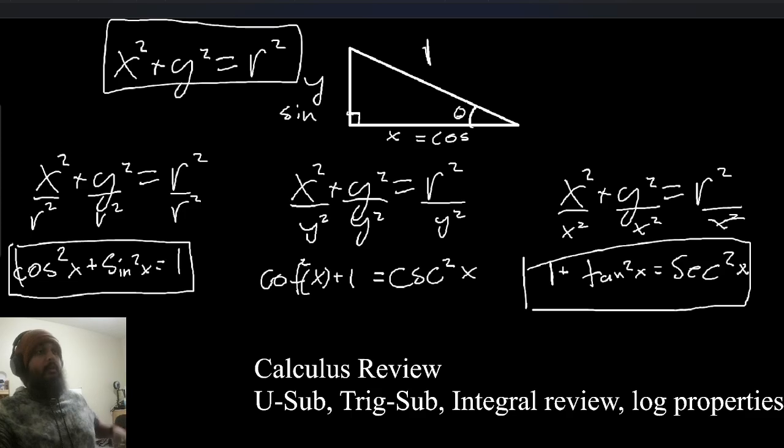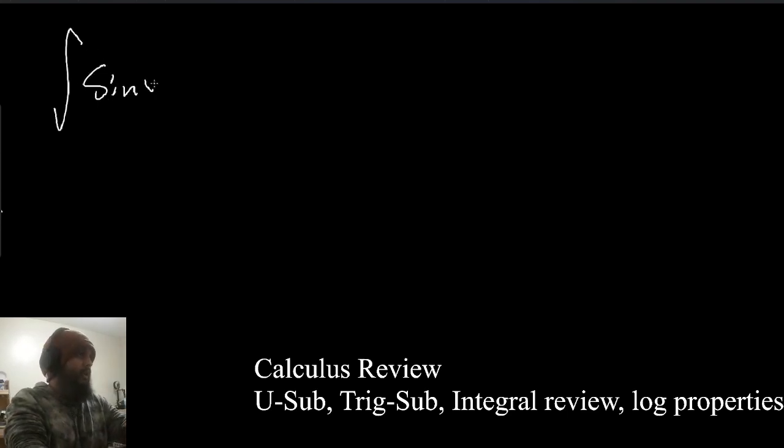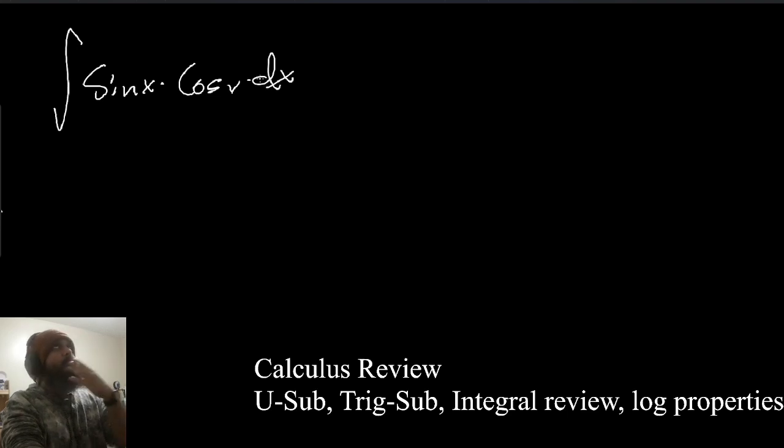Now I'm going to use one that puts some emphasis on plus c. So the integral of sine x times cosine of x dx. There's actually two ways to do this. Pick a u.